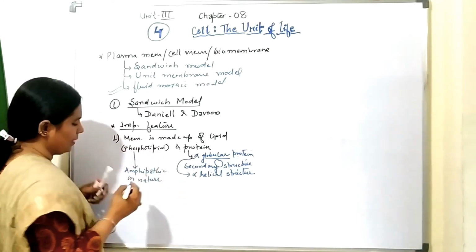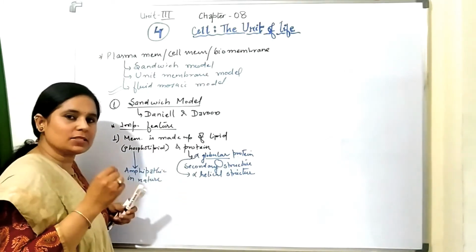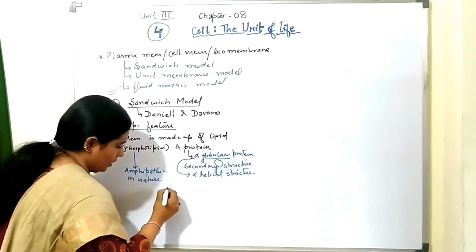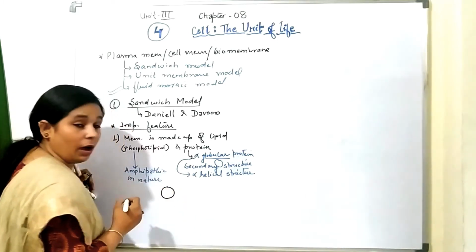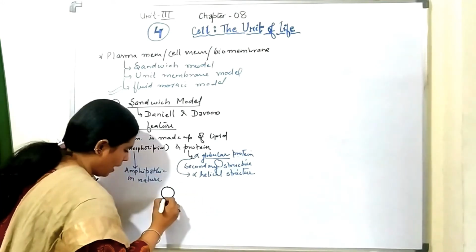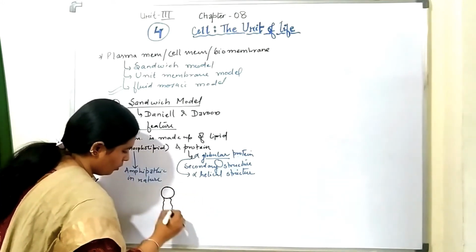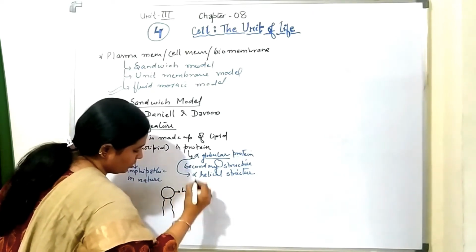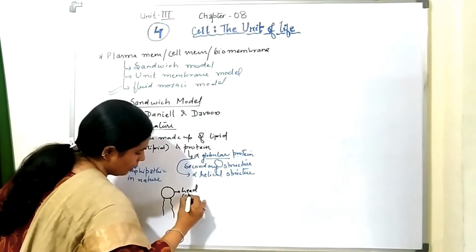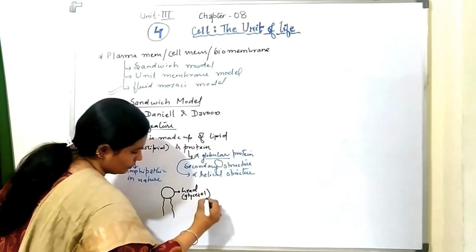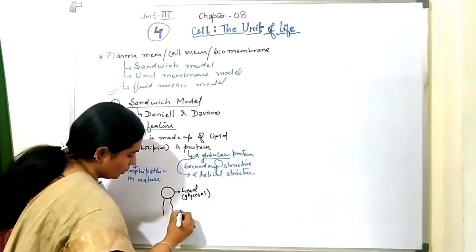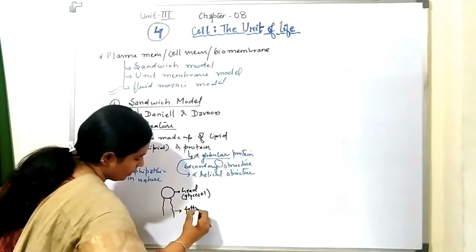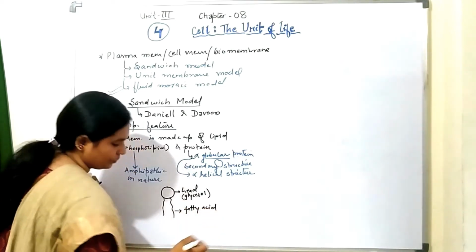What is amphipathic? First I will show you its structure, what phospholipid means. If you will see, phospholipid is having a globular head and it is having 2 tails. So this is the head which is made up of glycerol, and these are the 2 tails which are made up of fatty acid.